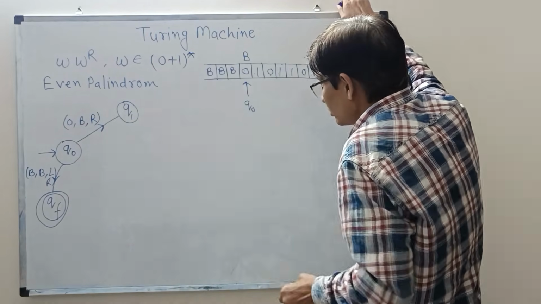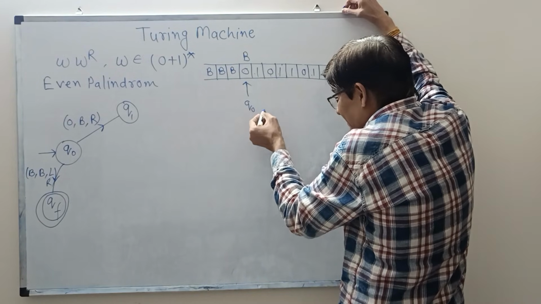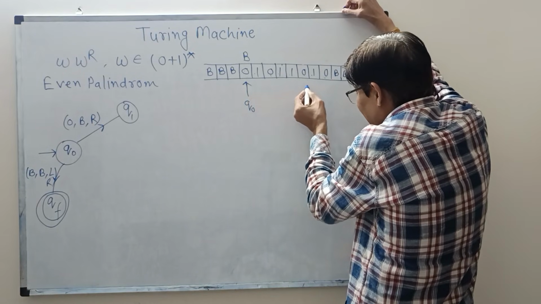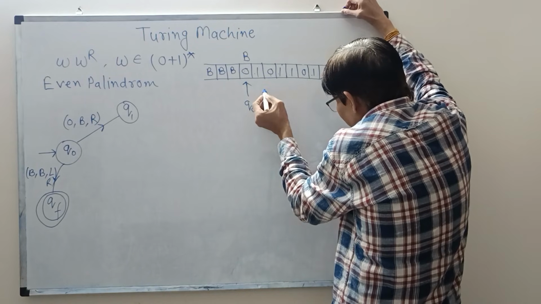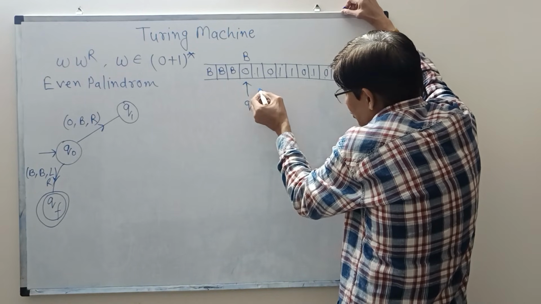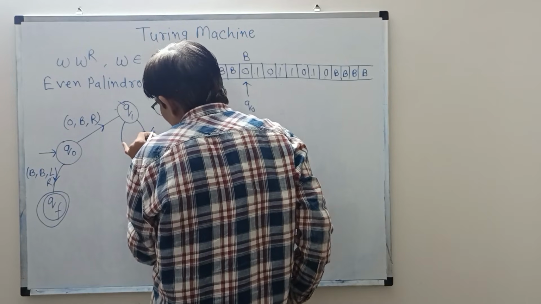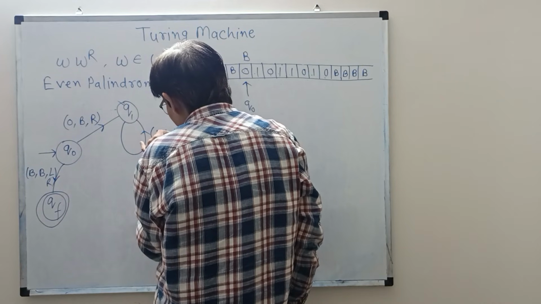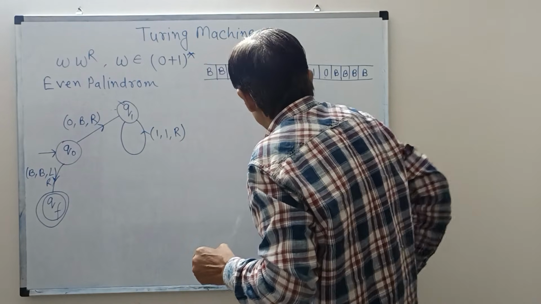Now, after converting this first symbol into blank, we change our state to Q1 and we skip all the remaining symbols in the input string, and continue moving towards the right until we get a blank. On Q1, if we get 1, I leave it as it is and continue moving towards the right.